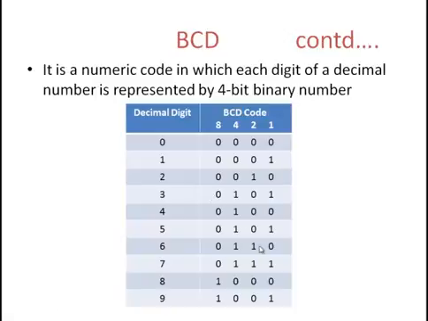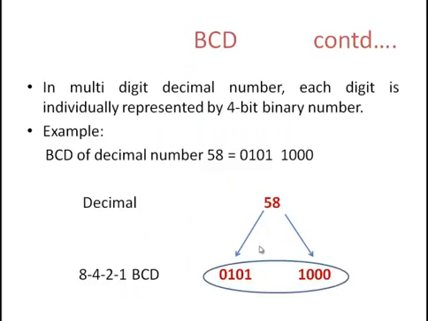Now how to write BCD of a decimal number when there are more than 1 digits in a decimal number? The method is explained here. In a multi-digit decimal number, each digit is individually represented by a 4-bit binary number.